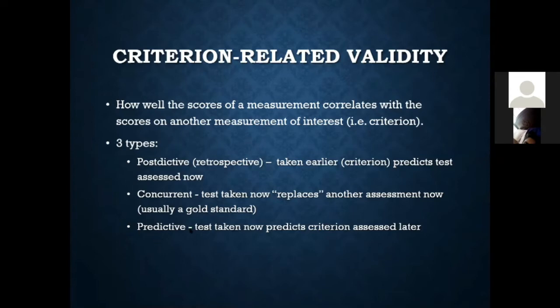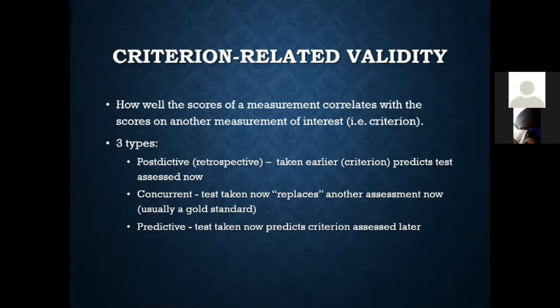So you take the measurement from your newly developed questionnaire or instrument or measurement tools, and then you wait, say for instance, 3 months, and then you measure the criteria. For instance, functional level is related to quality of life.